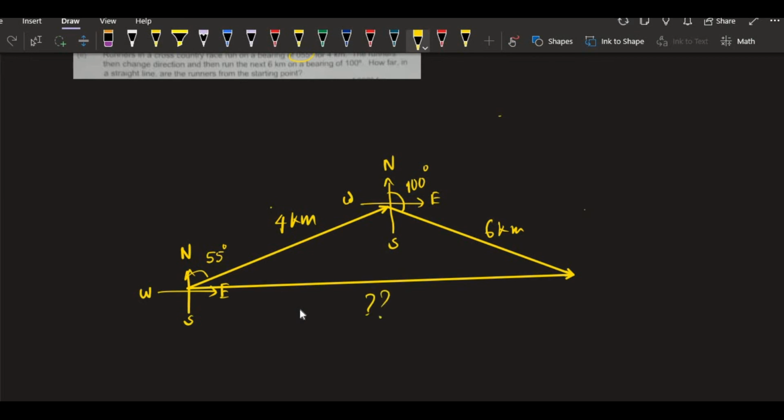So if this angle is 55 degrees, this angle is 45, right? According to alternate angles, if this angle is 45, this is supposed to be 45, and this is supposed to be 55, and this is supposed to be 80.